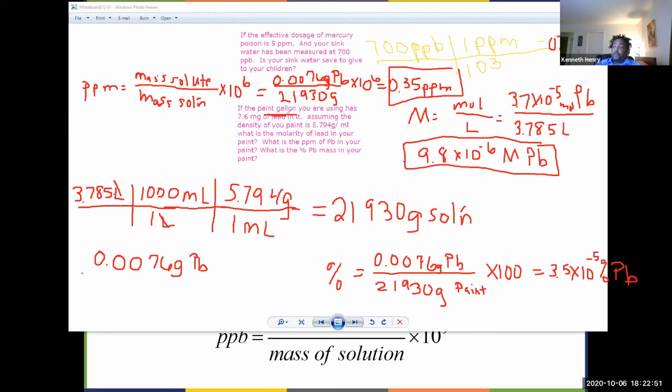And then the other thing is remembering definitions. ppm, percent solution: mass of solute divided by mass of solution, and then percent mass, or times a million. ppb: mass of the solute divided by mass of solution times a billion.